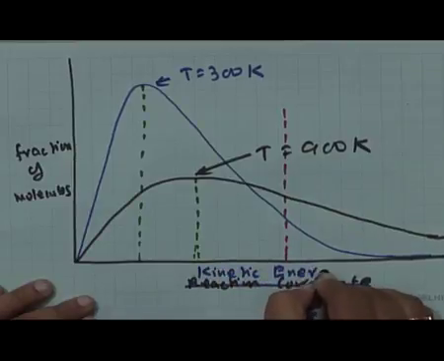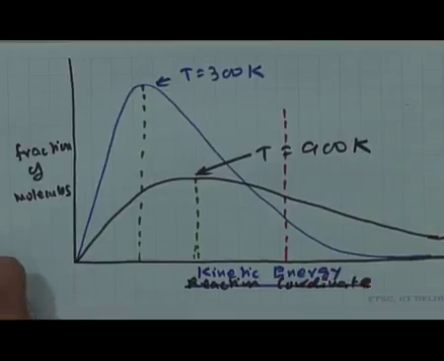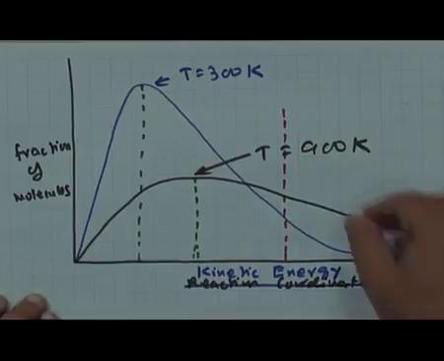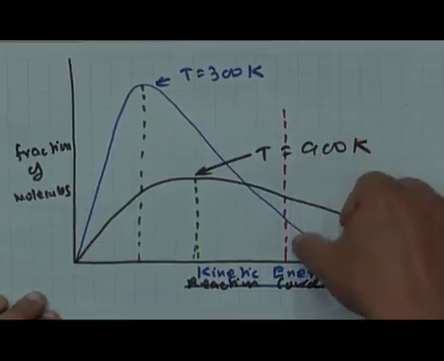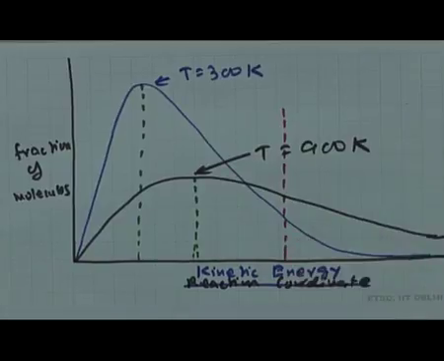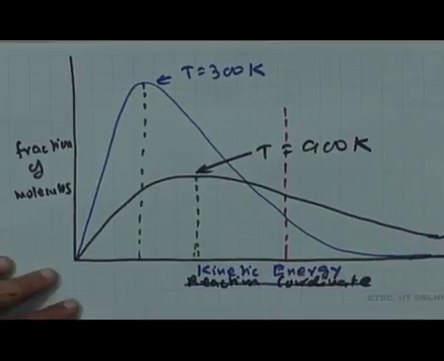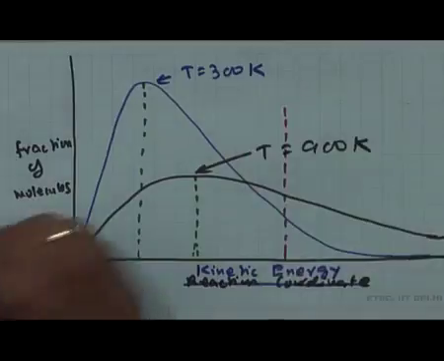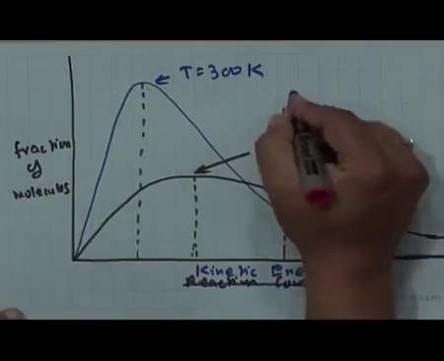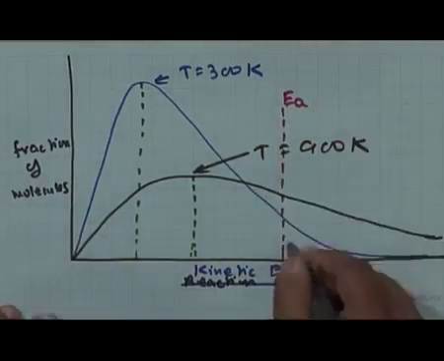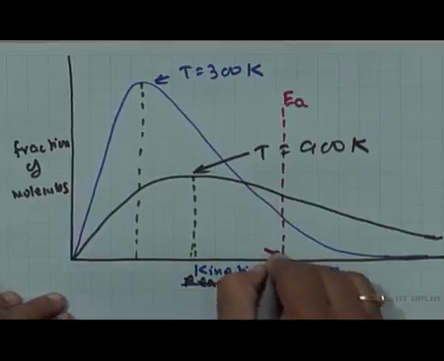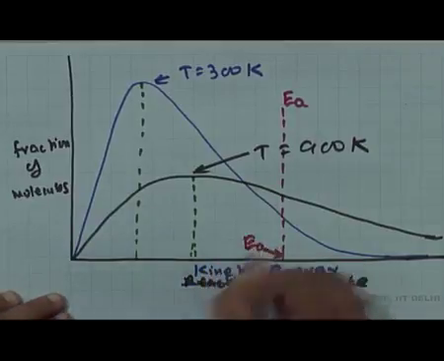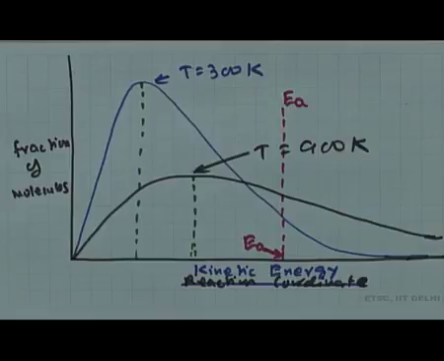This is my kinetic energy, not my reaction coordinate. Anyway, coming back to what I was telling you, what does this line mean? This line corresponds to EA, my activation energy.